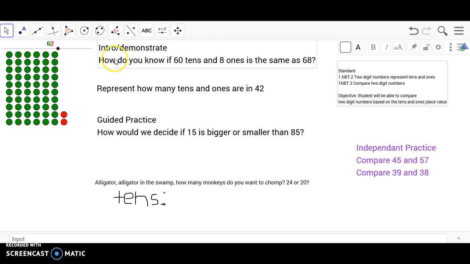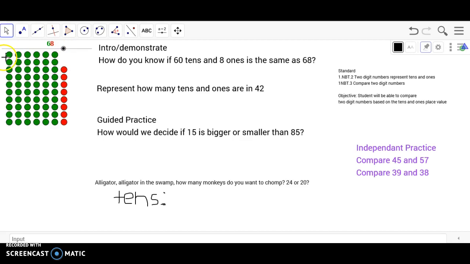Let's start. How do you know if 6 tens and 8 ones is the same as 68? If you look over to the left, you can see tens are represented in green and our ones are represented in red. So let's move our slider to the right and make the number 68.